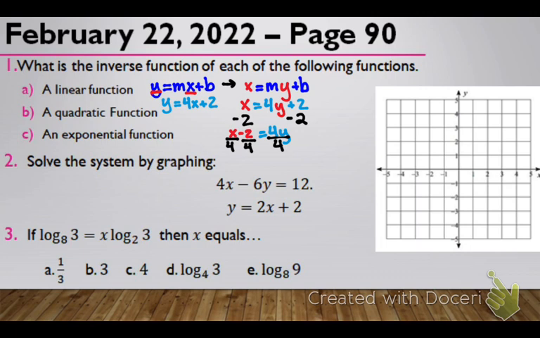So I can rewrite this all as 1 over 4 times x minus half equals y. So I got y by itself. So the first two steps for an inverse function were switch x and y, and second, solve for y.